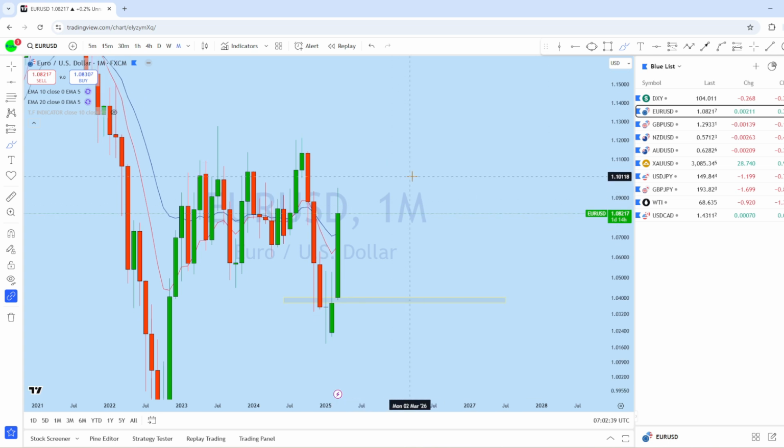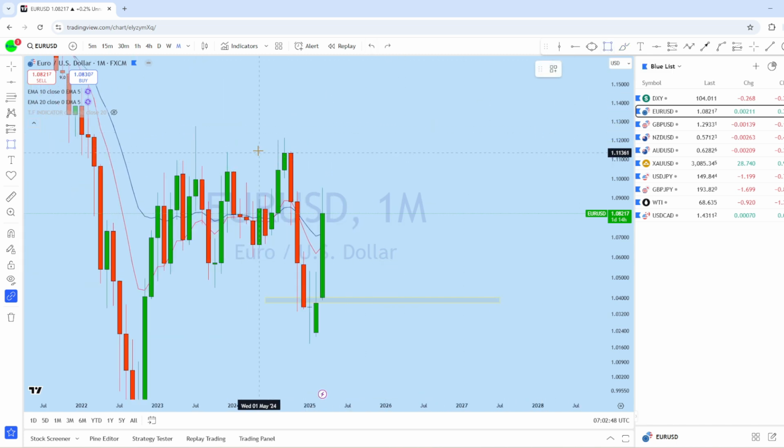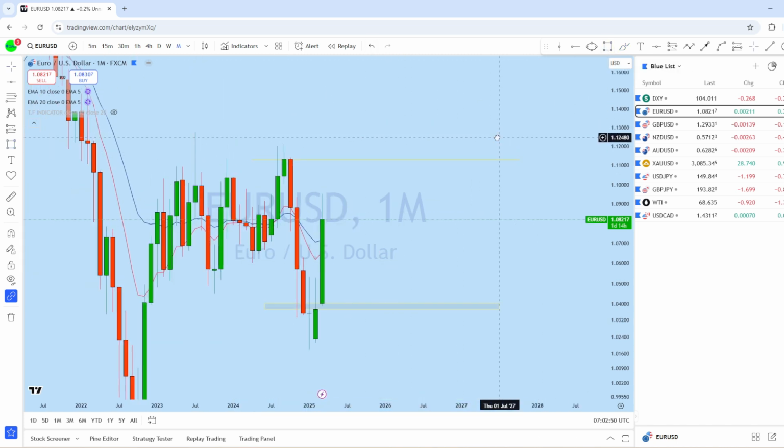And this is a bull market on euro USD, expecting after an initial pullback for the price to potentially go ahead to create a new higher high. This is an important monthly resistance here, and we could see the price potentially going ahead, filling that zone, or at least retesting that level.